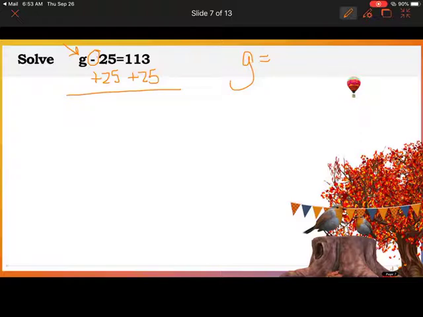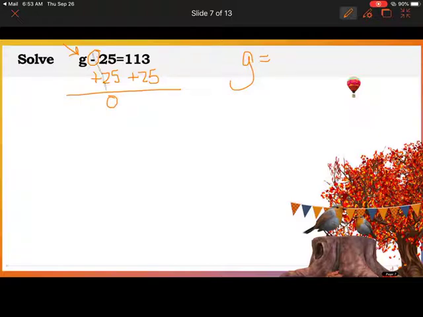When I do that, my objective is to get G by itself. So that's what I want to do, get G by itself. And if I take negative, remember the sign in front of the 25 goes with the 25, and I add 25 to it, I get 0.